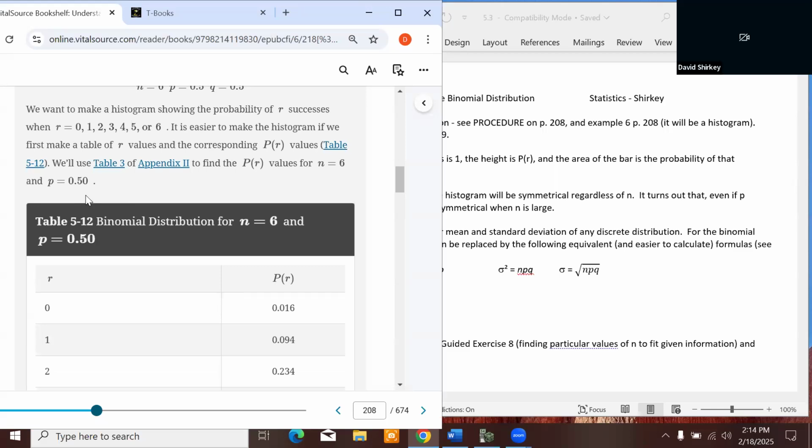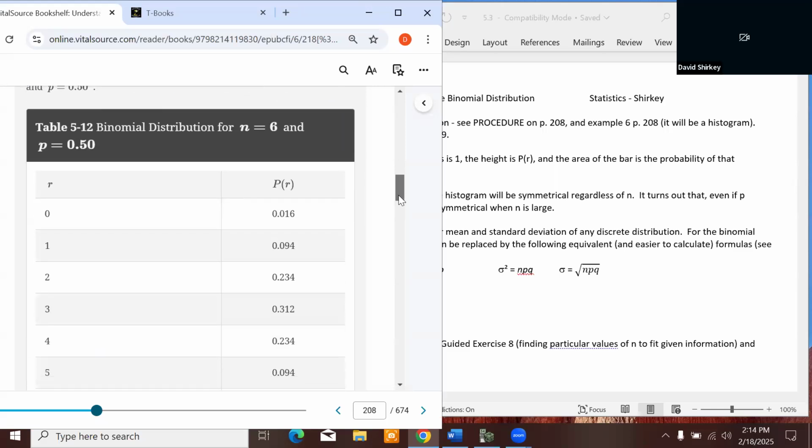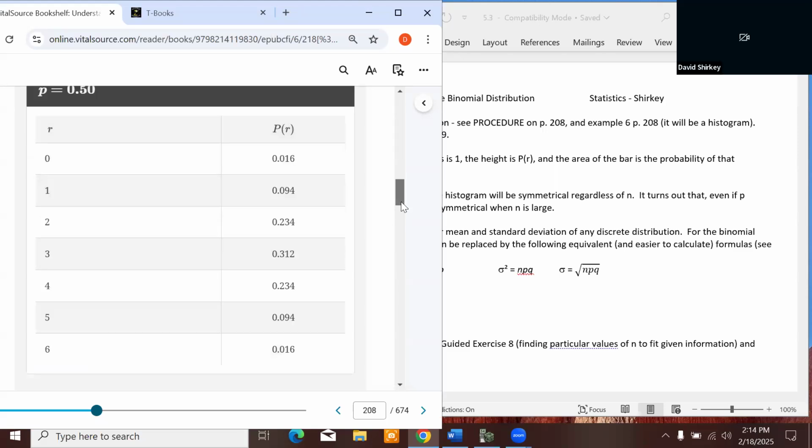So if you go back to appendix 2, table 3, they have it here on what they've numbered table 2.5. This is what you'll see on that appendix screen for a binomial distribution when N equals 6 and P equals 0.5. So this is going to go from 0 to 6, right?